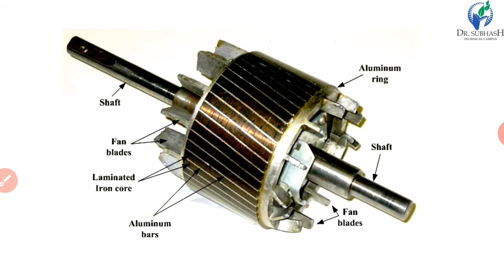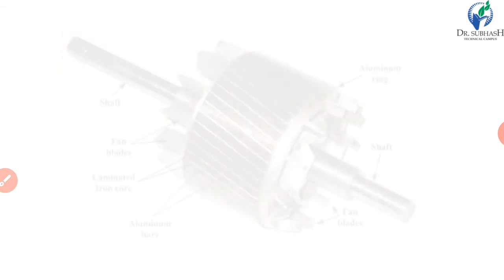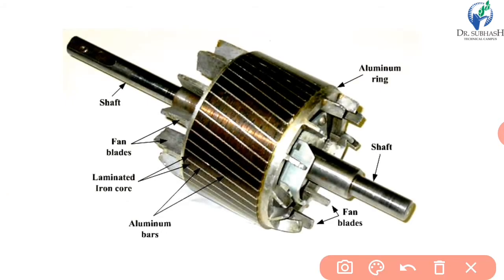This is the actual photograph of a squirrel cage rotor. We can see different components or parts of the rotor. Here is the shaft, and here we can see fan blades on both sides.